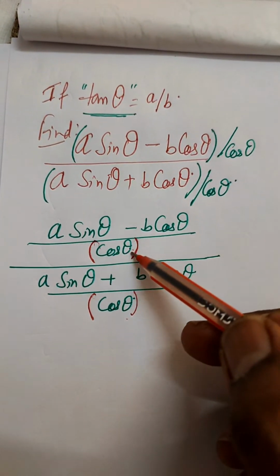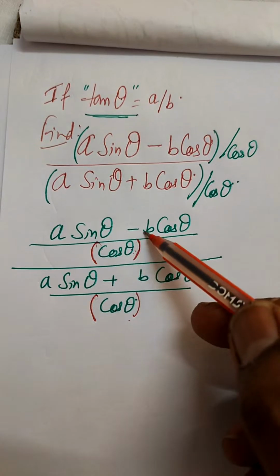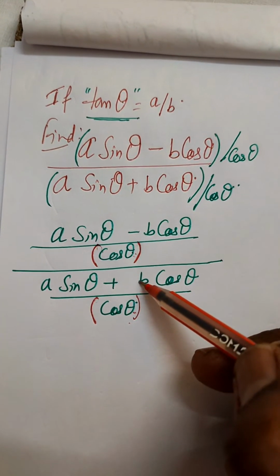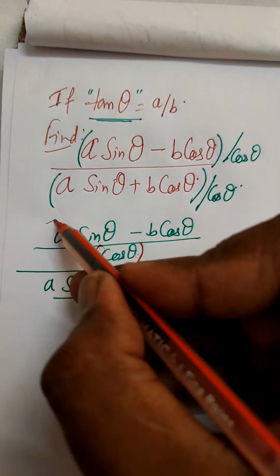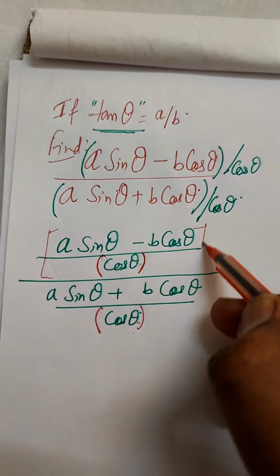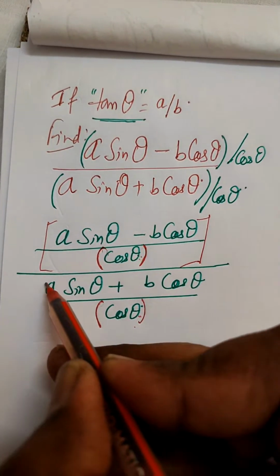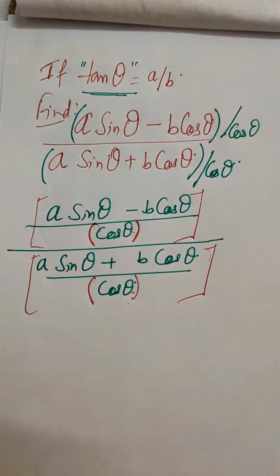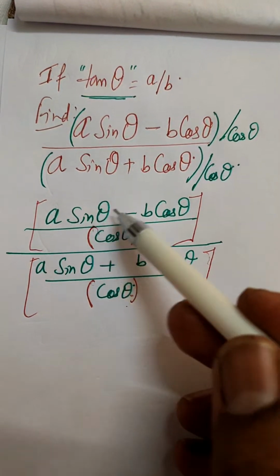So this will remain the same irrespective of insertion of cos theta into the numerator and denominator. And into the numerator it is basically dividing the numerator, and this cos theta is also dividing the denominator. Okay, so there are two fractions which are formed. This is the upper fraction and this is the lower fraction, right? Now what we can do, just expand it.